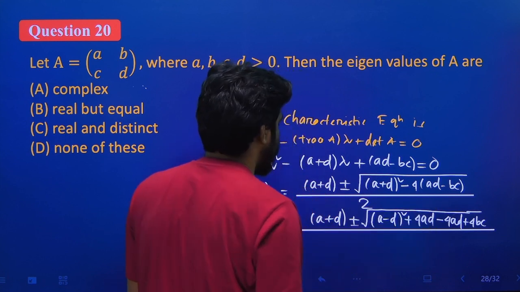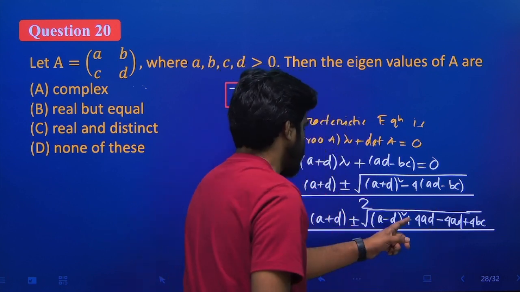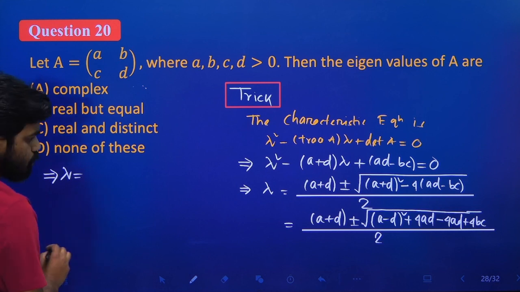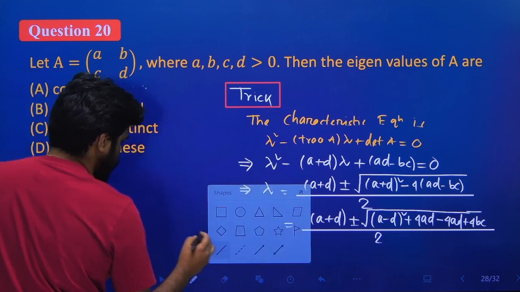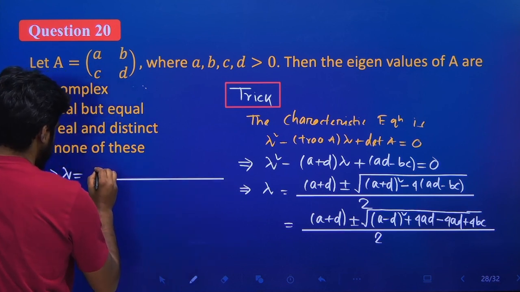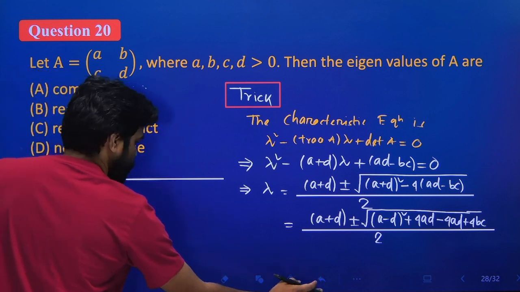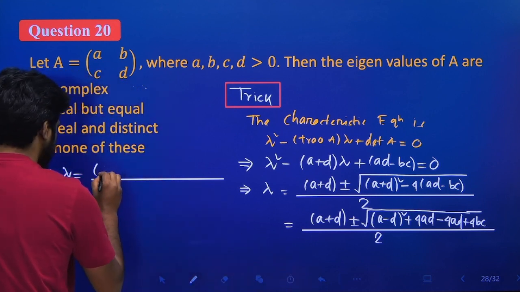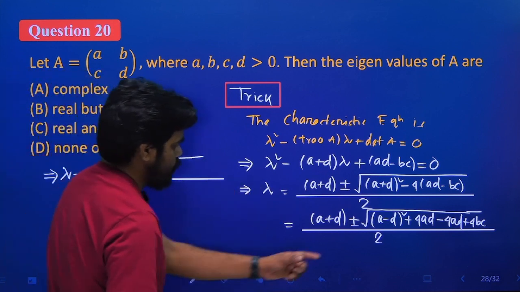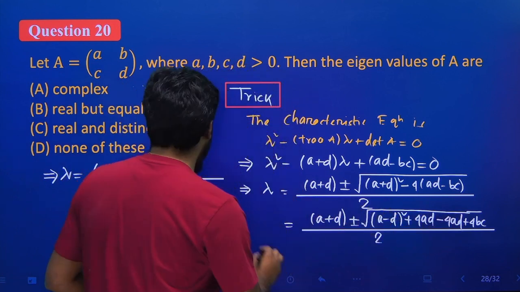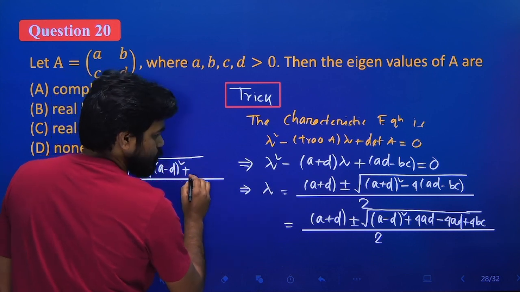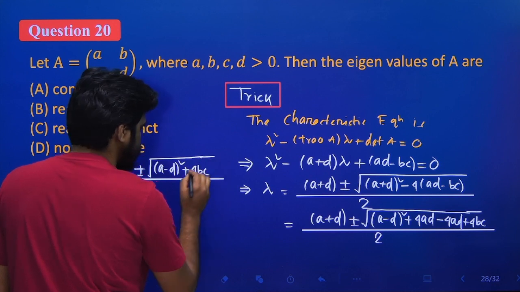The 4ad and minus 4ad cancel, so lambda is equal to (a plus d) plus minus root over (a minus d) whole square plus 4bc, divided by 2.